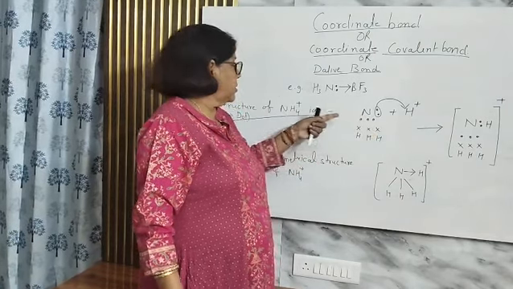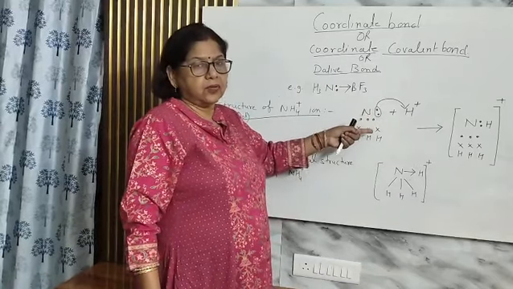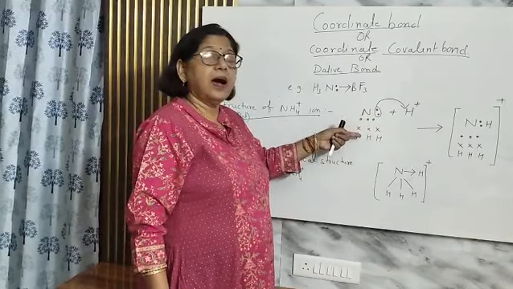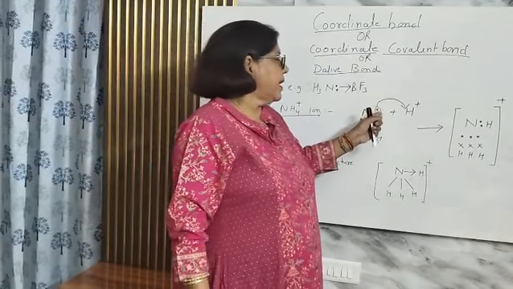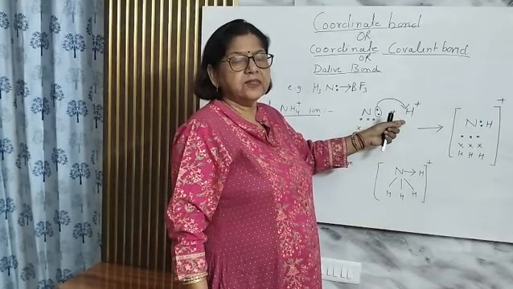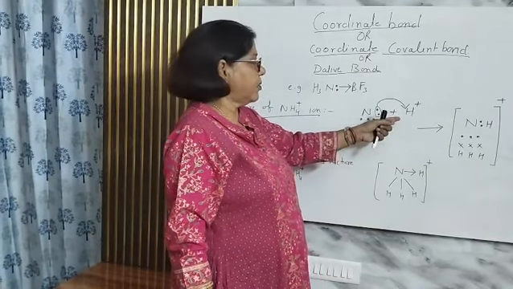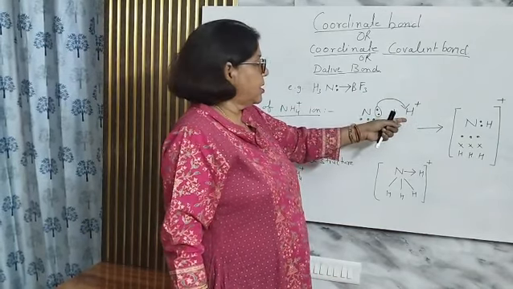It's an electron dot structure, that is why only the valence electrons of both the atoms are drawn. Fine. Now what happens when H positive, it's a proton, we may call it a hydrogen ion or we may call it a proton.